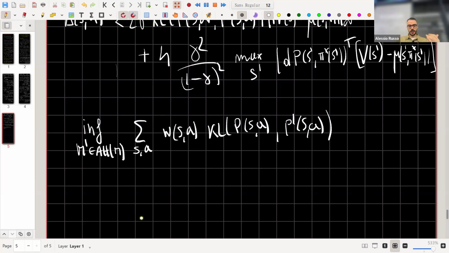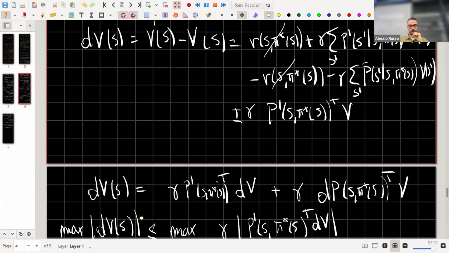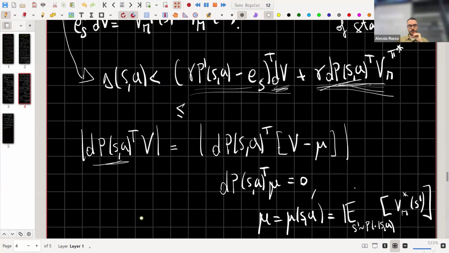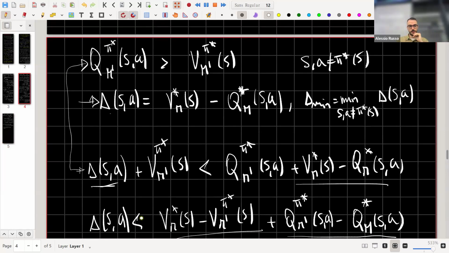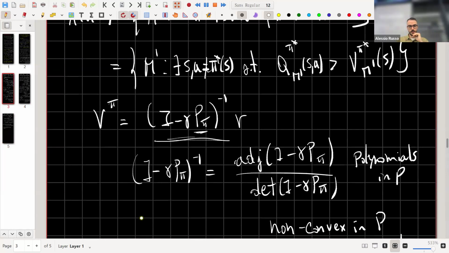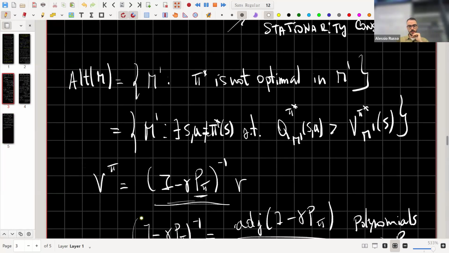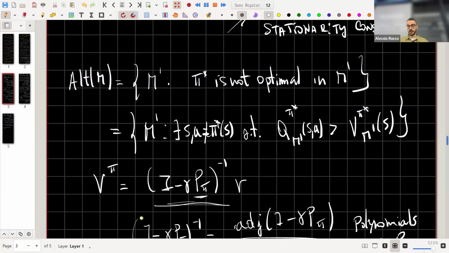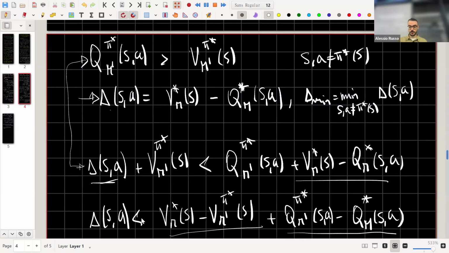Because of the way the alternative set can be written, if you remember, it's this equivalent way of rewriting it. Because of this equivalent way, we can also rewrite the infimum as minimum over state action pairs where the action is different from pi star of S, such that this inequality holds.